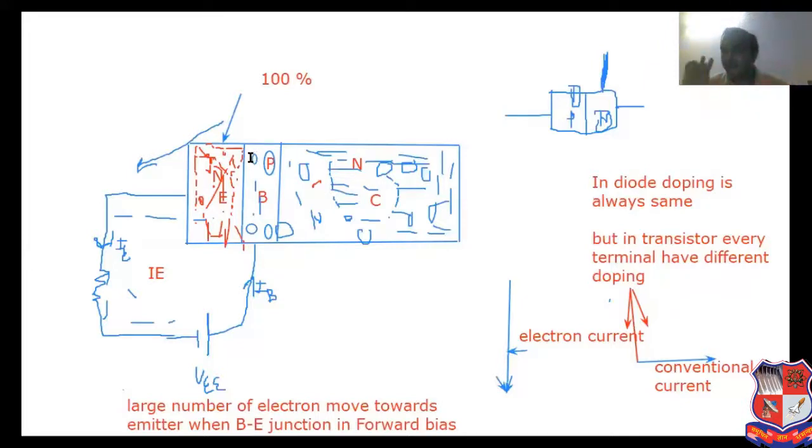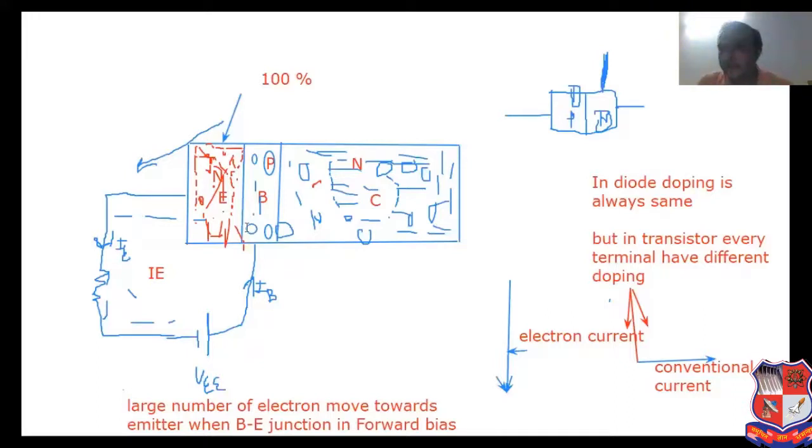Why only 2%? Because the area of the base is very, very small. That's why only 2% of the electrons combine with holes present at the base, and the remaining electrons travel towards the collector.